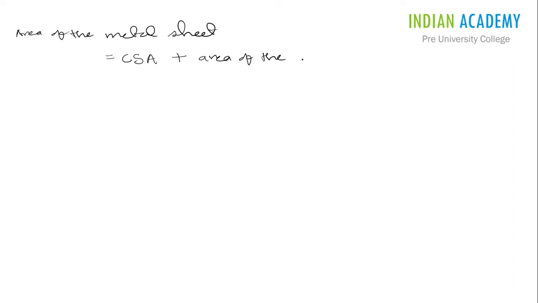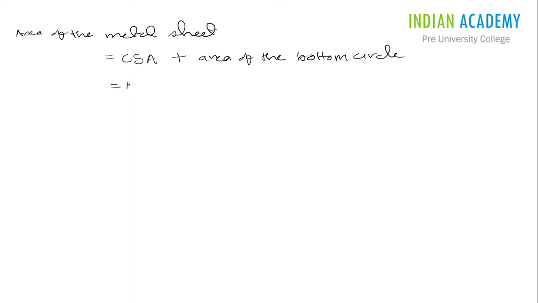Area of the metal sheet will be equal to curved surface area plus area of the bottom circle. And we know the formula for curved surface area.